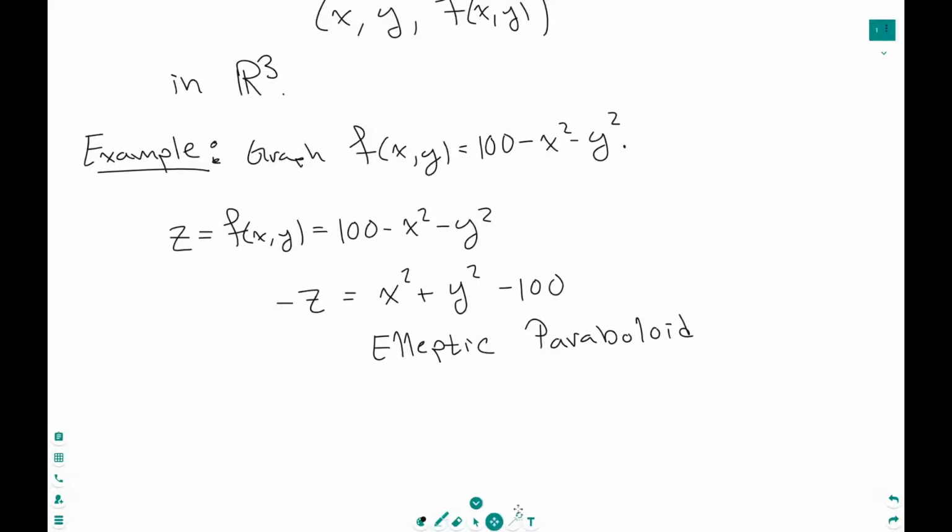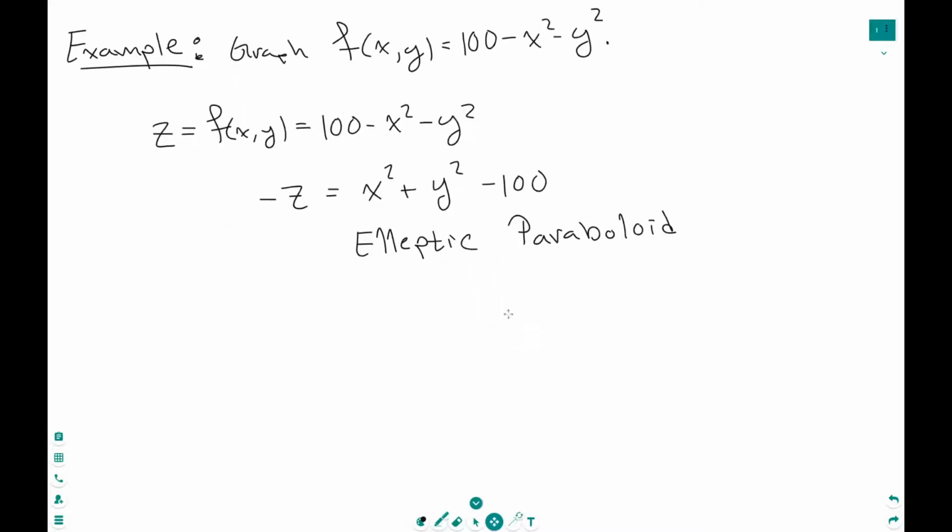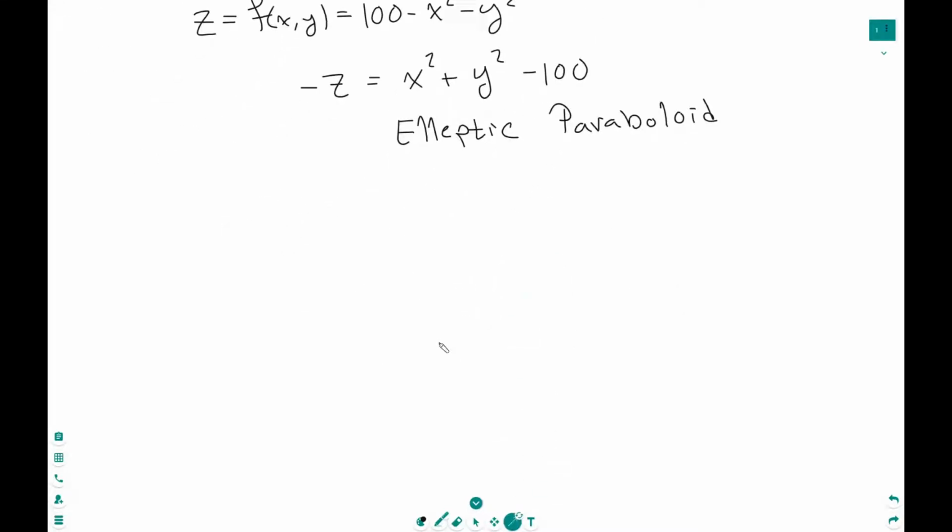Okay, so that kind of gives me an idea of what this looks like, but let's be more exact with this. Let's look at this function in detail. So we have our x, y, and z axes here. So I can write all the way down here.